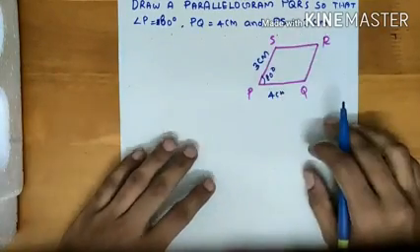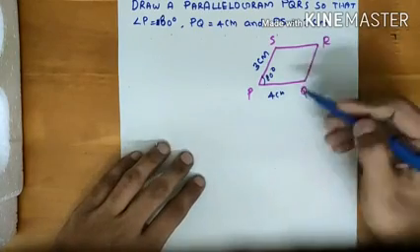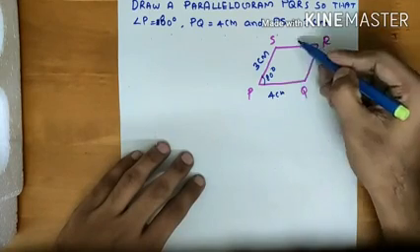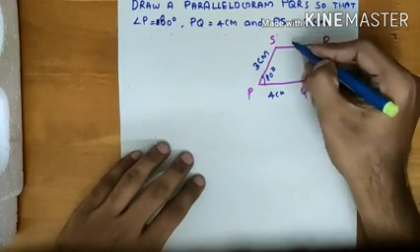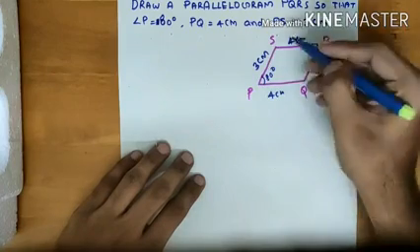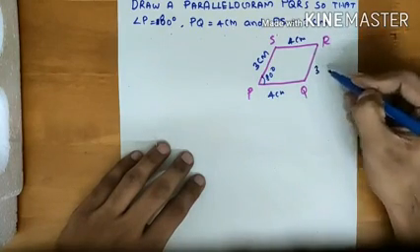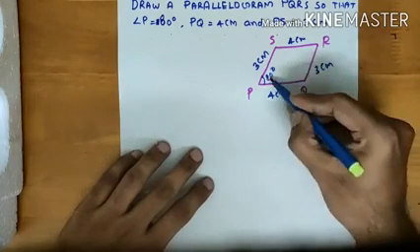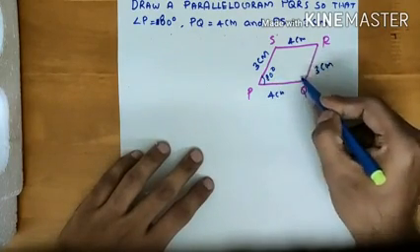So can you find the length of the other sides? PQ equal to 4. Property number 1, opposite sides are equal. So PQ equal to 4, so SR equal to 4. PS equal to 3, so QR equal to 3 centimeter. Also, what is the sum of adjacent angles? It is 180.